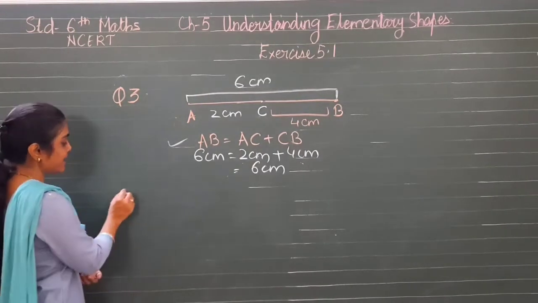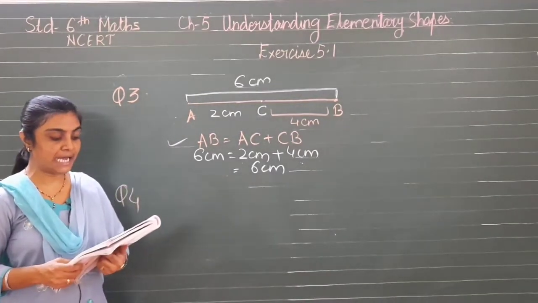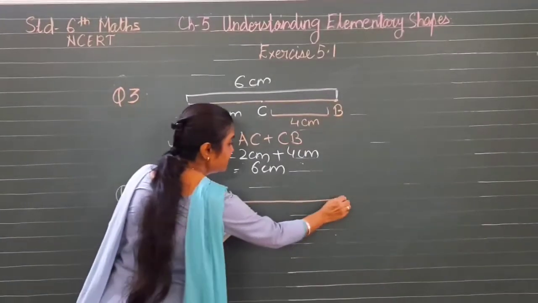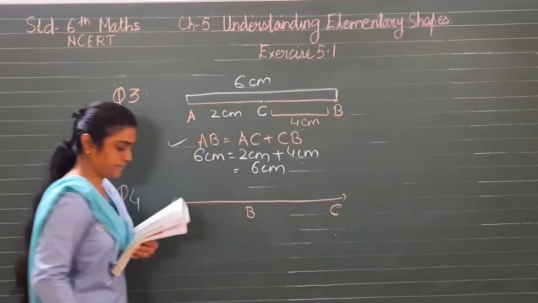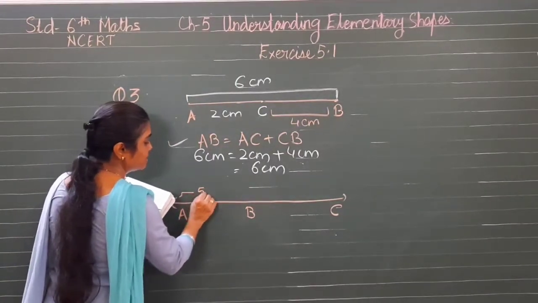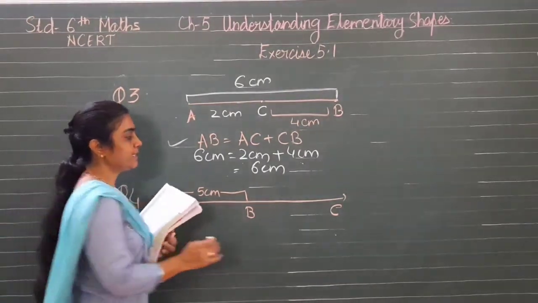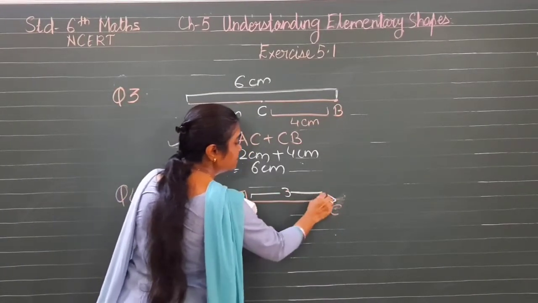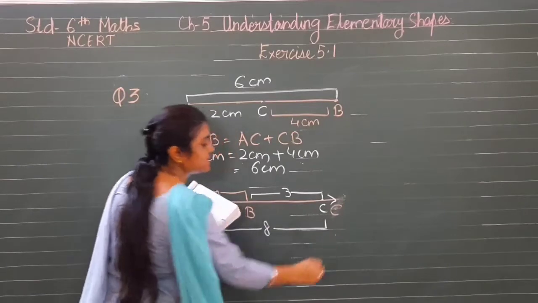Now let us move to the next question, number 4. If A, B, C are 3 points on a line, suppose this is one line A, B, C, such that AB is equal to 5 centimeter, BC is equal to 3 centimeter and AC is equal to 8 centimeter.